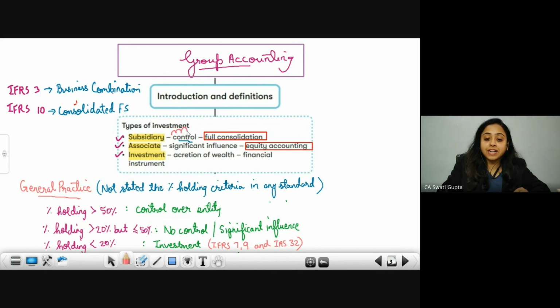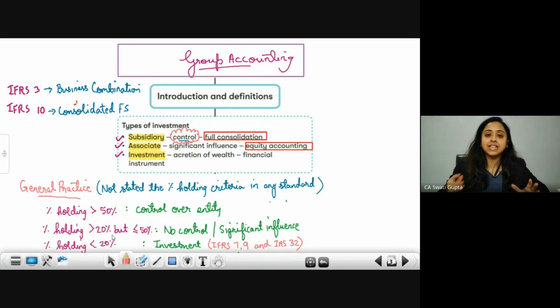Control is the super important factor, the basis, the criteria on the basis of which you determine whether it's a parent and subsidiary relationship or not. If parent has control over subsidiary, if control exists, then we'll say it's a parent and subsidiary relationship.